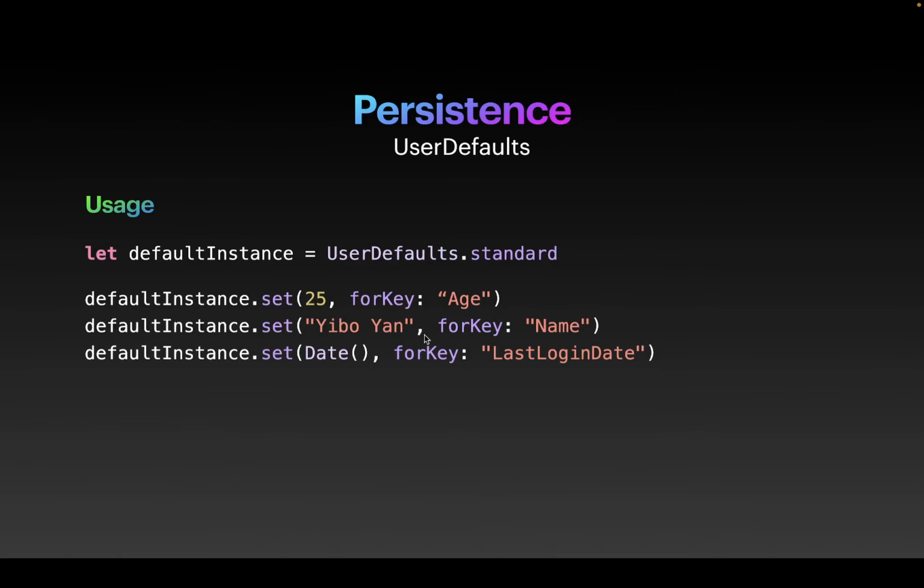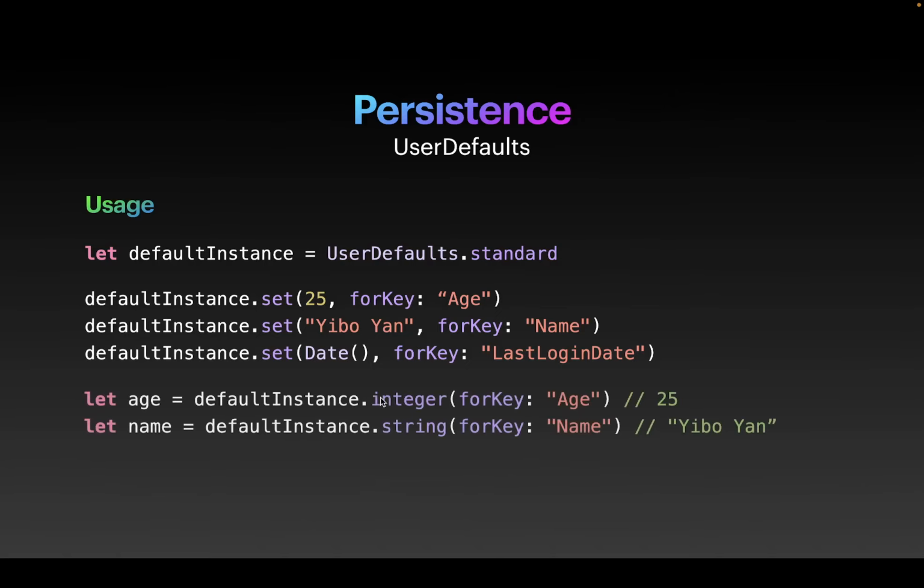You can also store a string, and you can store a date. Each value should be associated with a key. That's quite important. Now, how do we retrieve the data? Apple provides a lot of interfaces to help you conveniently retrieve data from the default system.